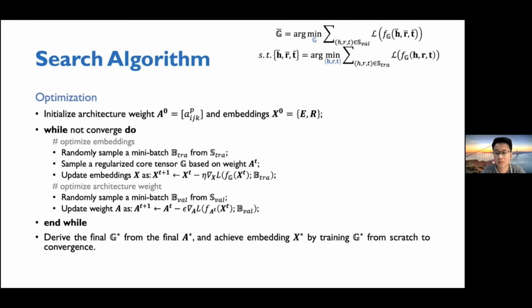After that, we fix the embeddings, and to optimize the architecture weight, we sample a mini-batch of data from the validation set and update the weight with the help of an AutoML technique. Finally, we get the final core tensor from the architecture weight, and obtain the embeddings by training with the core tensor from scratch to convergence.